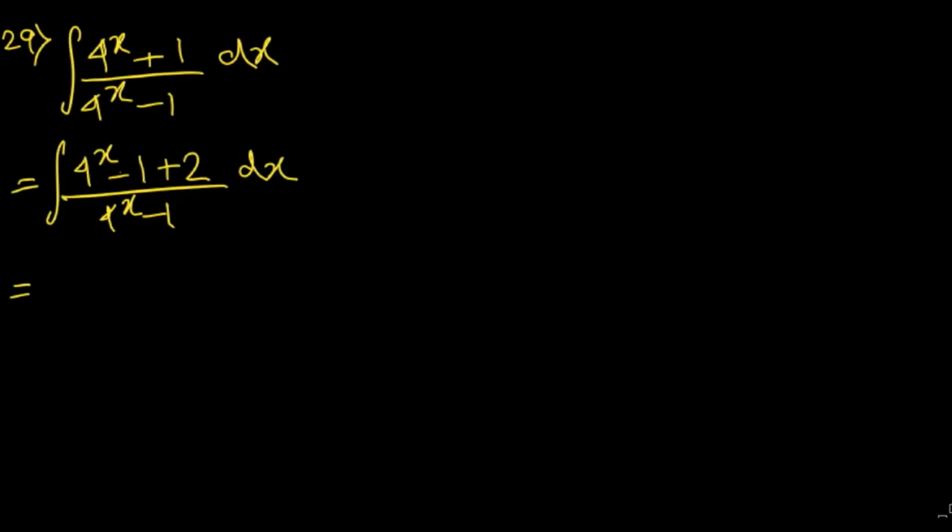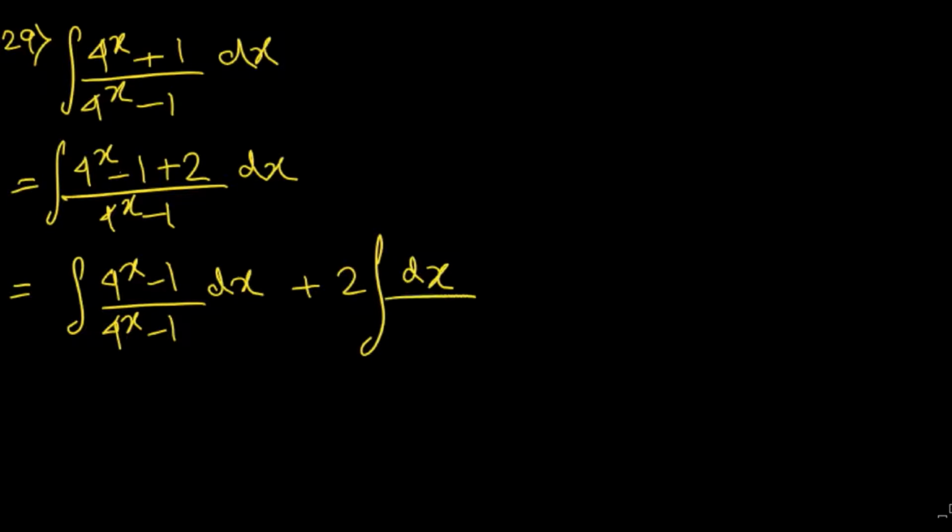So we need to break it like integration of (4 to the power x minus 1) by (4 to the power x minus 1) dx plus 2 times integration of dx by 4 to the power x minus 1.